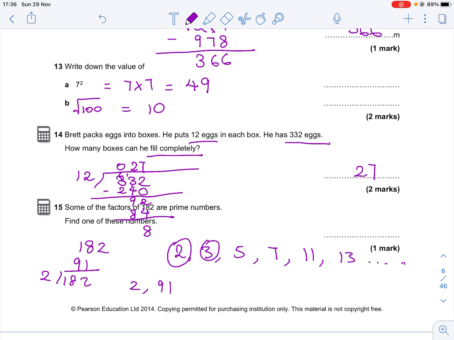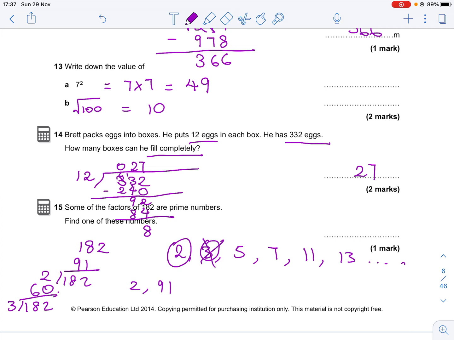Is 3 a factor? Let's check it. 182 divided by 3. 18 divided by 3 is 6, then we have 2 left over, so we get a decimal answer. So it's not a factor because we get a decimal. Remember, a factor needs to be 2 whole numbers. So 3 is not.